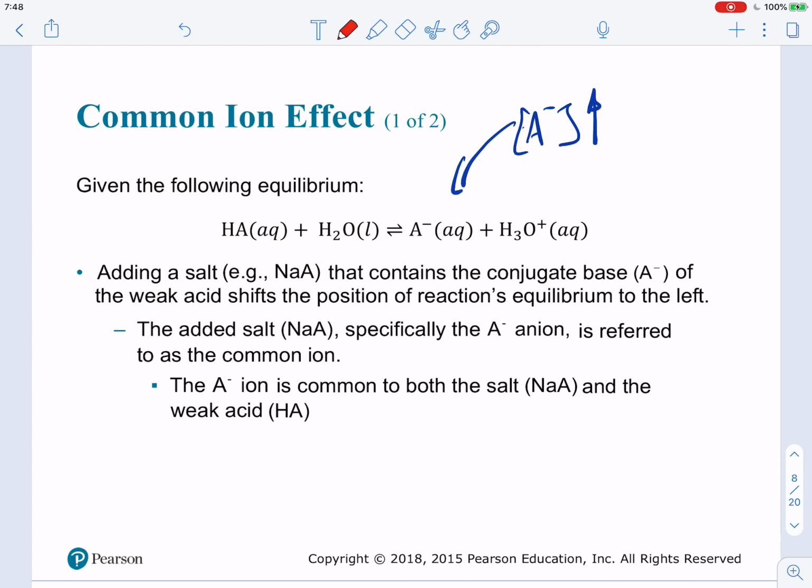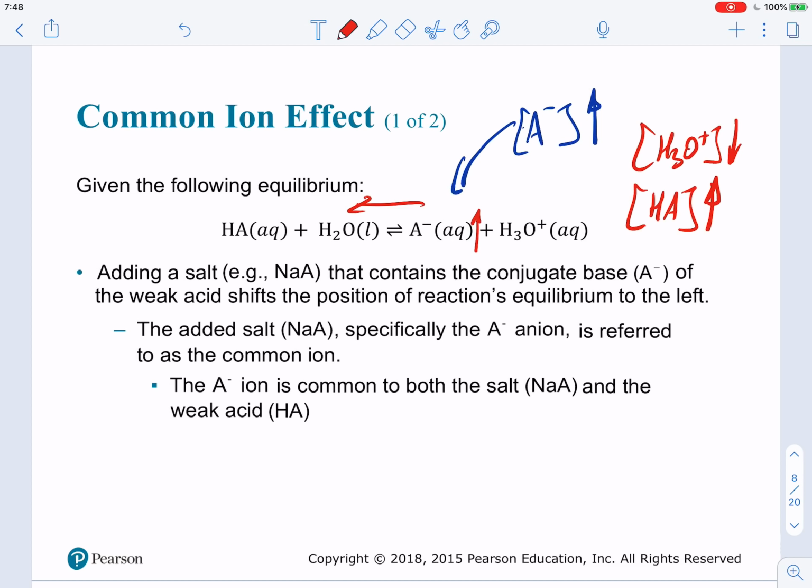If you increase A minus, then your equilibrium will go to the left. The equilibrium will respond in such a way that you will increase the concentration of HA, and because you are going to the left, the concentration of H3O plus goes down. You are consuming the H3O plus to generate more of the acid.